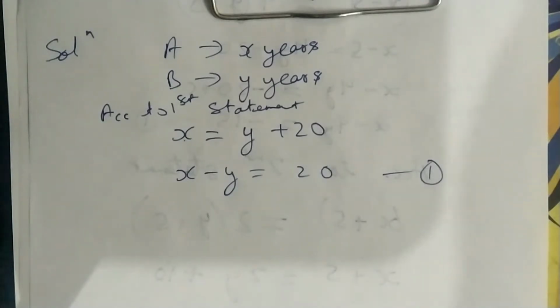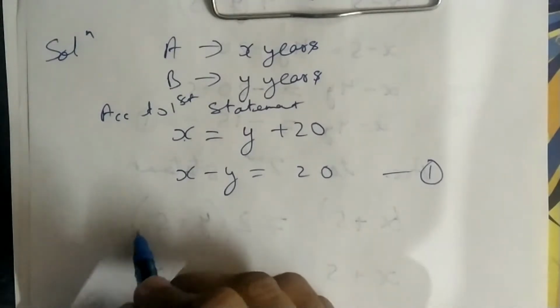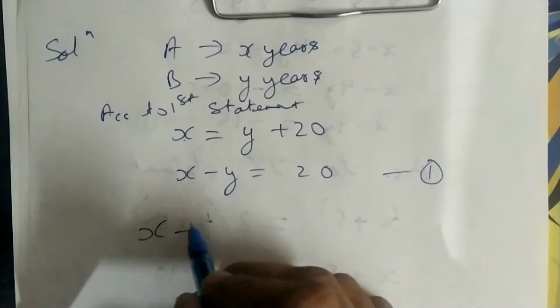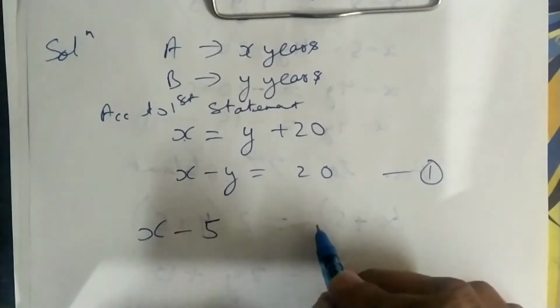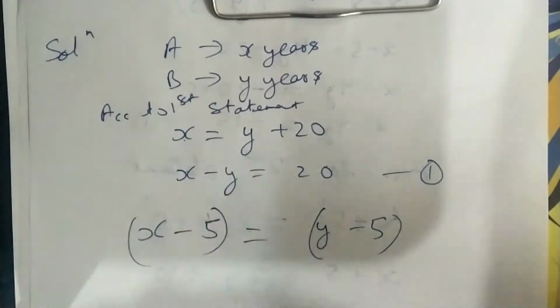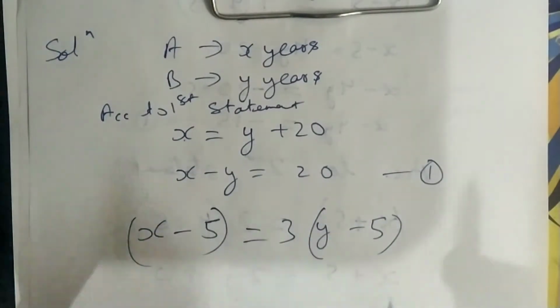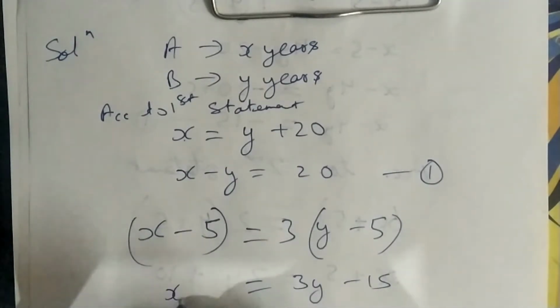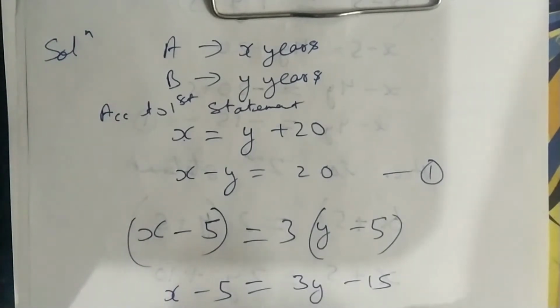And second, they are saying A was 3 times as old as B 5 years ago. Five years ago A's age was x minus 5 and B's was y minus 5. A was 3 times as old as B. From here we can obtain the second equation. x minus 3y is equal to minus 10.